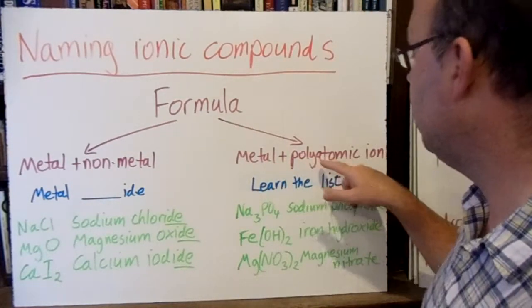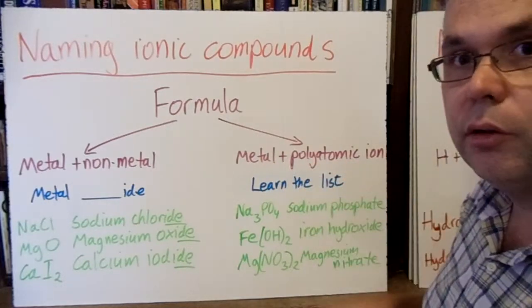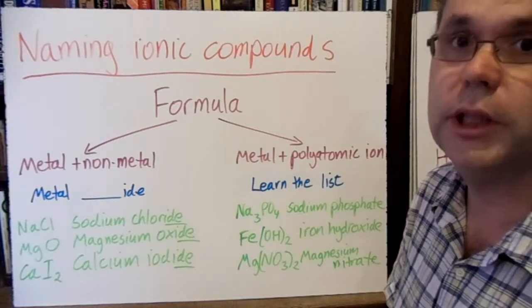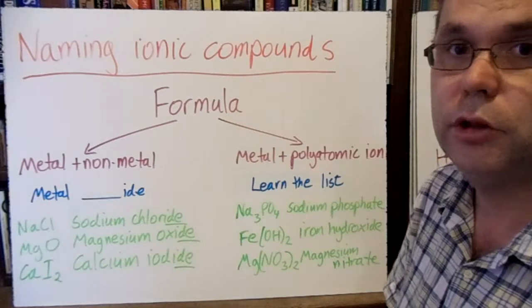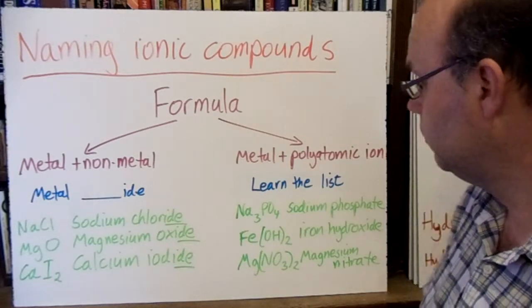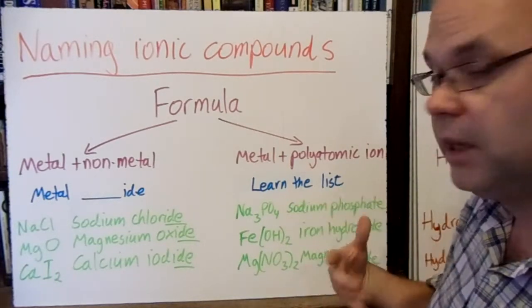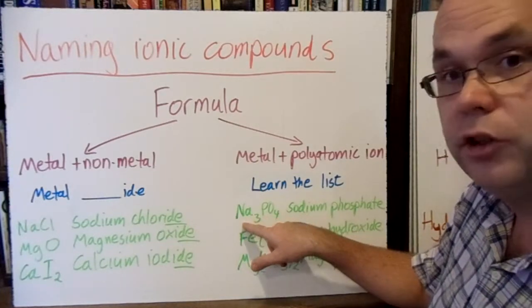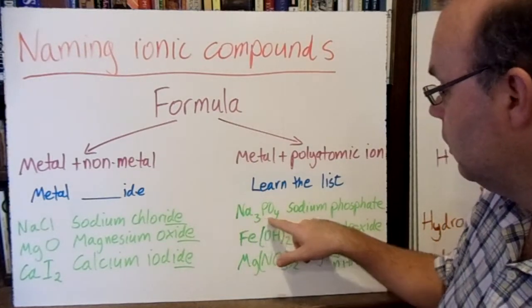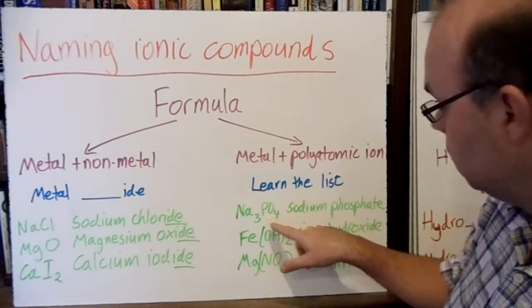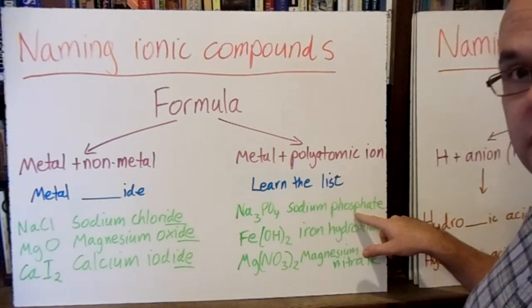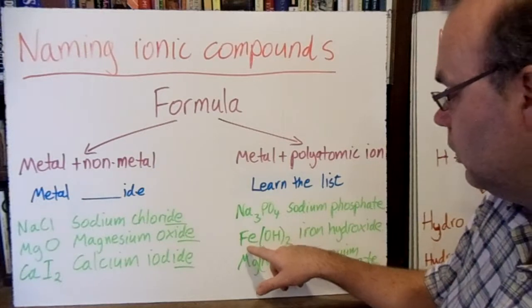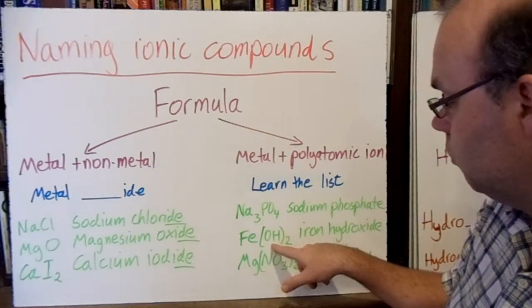Now if it's a metal with a polyatomic ion, you need to know those polyatomic ions. You can either look them up or you can memorize them. And you just put it on the end. So here we've got Na3PO4. That's sodium, Na. PO4 is phosphate. So it's sodium phosphate. Fe, iron.